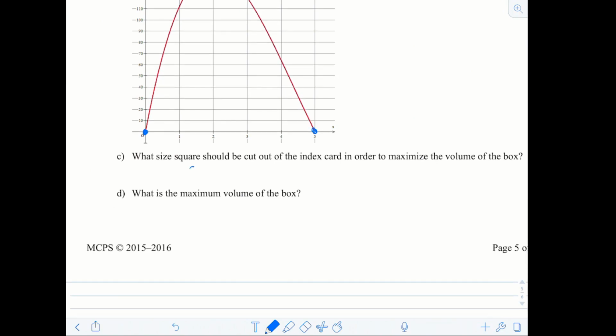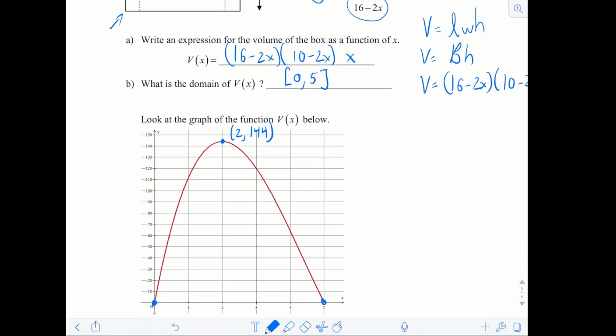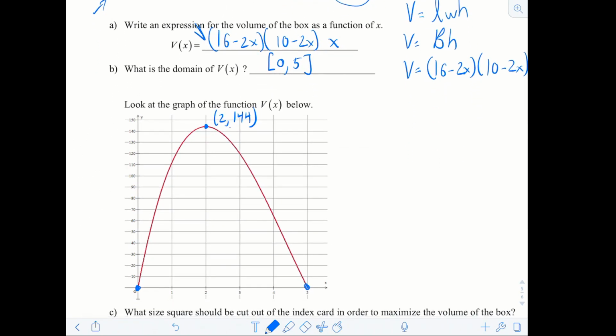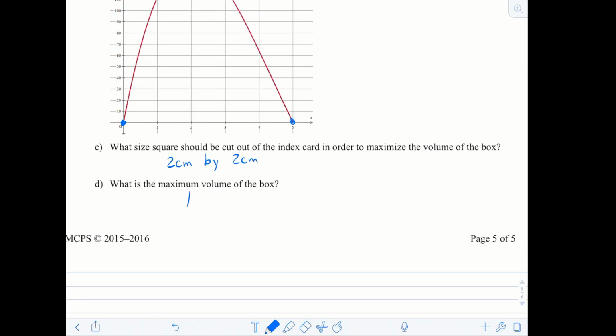So what size squares? 2 centimeters by 2 centimeters. That's what the x value represents, because that's what it represented in this equation. And then the 144 is acting as my maximum amount of volume. So what is the maximum volume? 144. And since we're talking about volume, we would be talking about centimeters cubed. So 144 centimeters cubed.